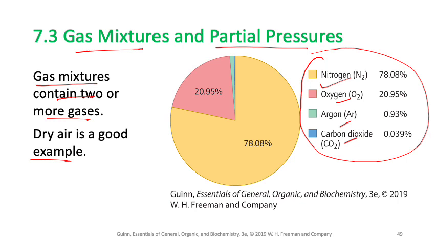But if I ask you about the pressure exerted only by the oxygen, we know there is atmospheric pressure. What is atmospheric pressure? The total pressure exerted by the air on the surface of the earth. But if I ask you how much pressure is exerted only by the oxygen, not by all the gases present in the air, this is the concept of partial pressure, and we're going to learn about it in the next slide.